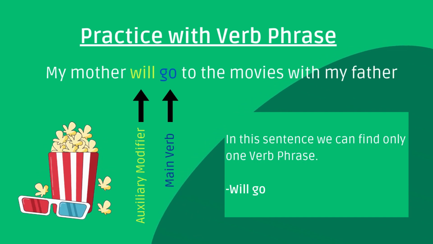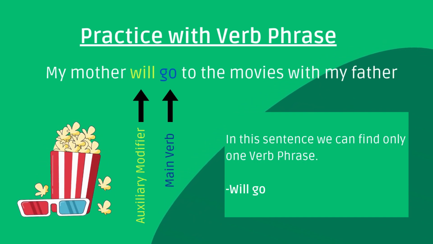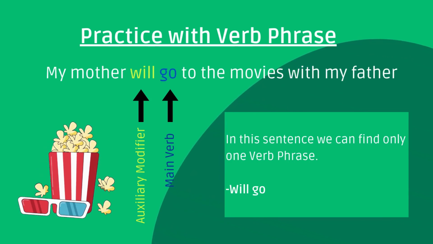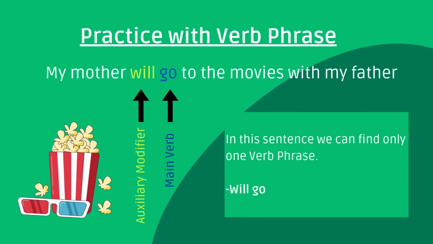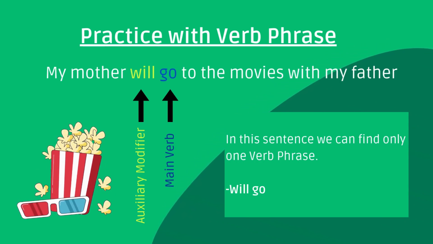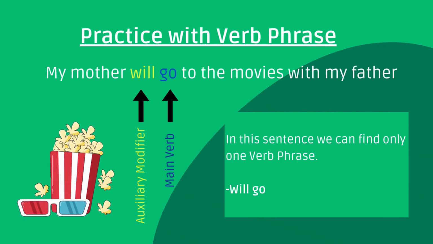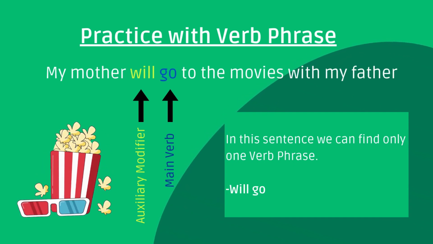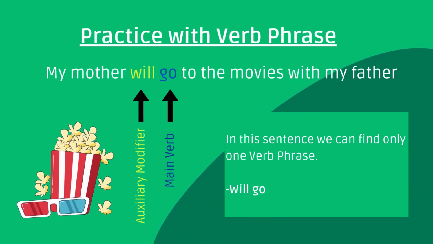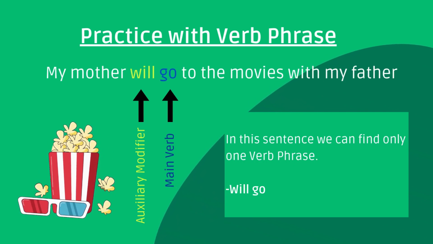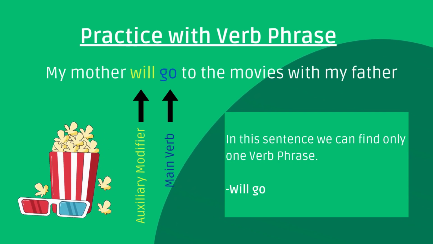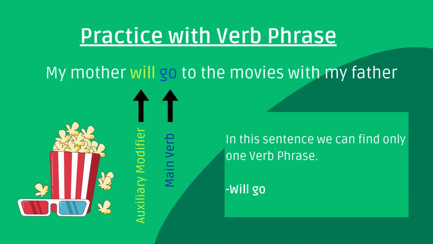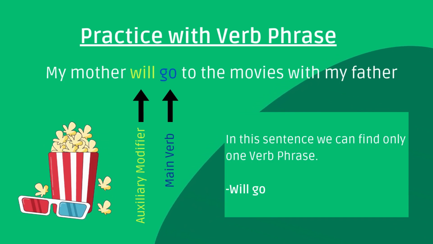And to the movies with my father is a modifier and complement. As a first detail we find the auxiliary will that modifies the verb. From there we identify the verb phrase, taking go, which is the main verb, and to the movies with my father as a complement after the verb.